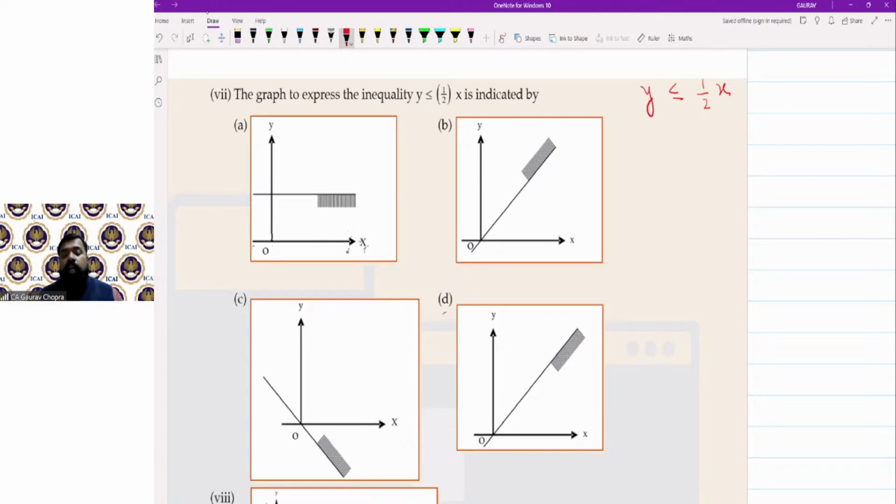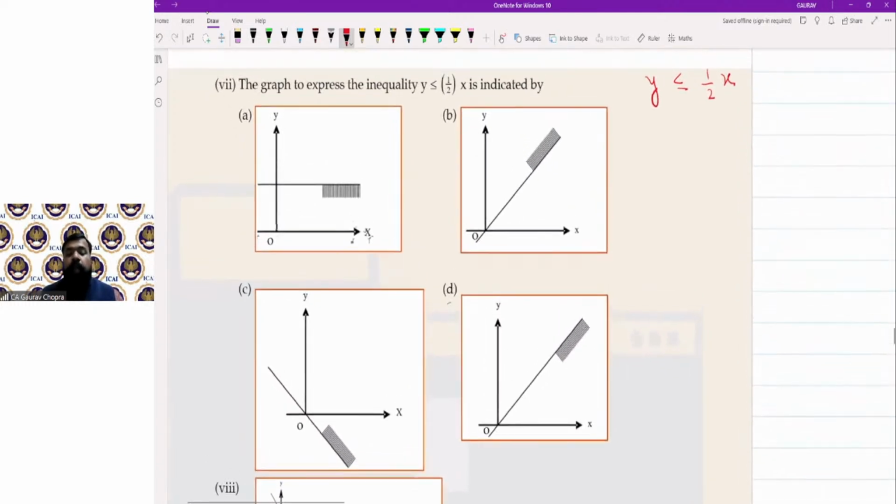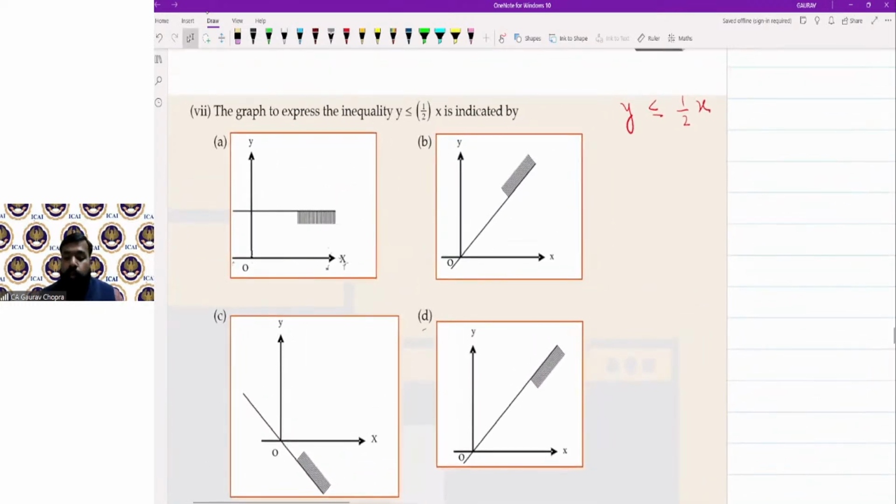Where will this graph pass through? Origin. This graph is passing through origin. So now there is one confusion, which will be the required area, because it passes through origin. Now which is away from origin, which is towards origin? So now we are confused.